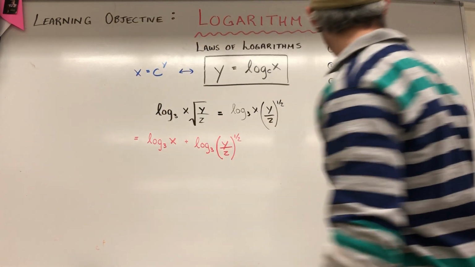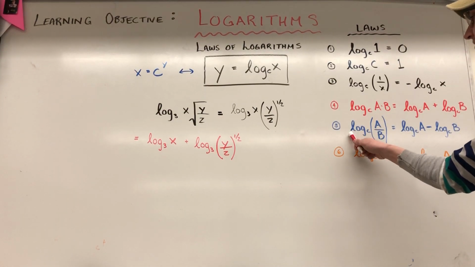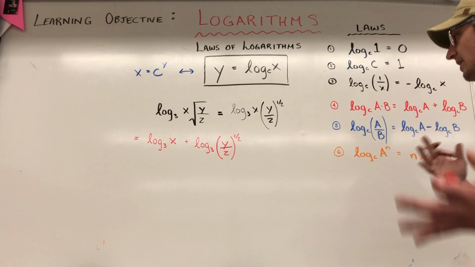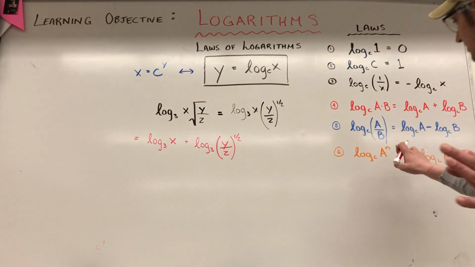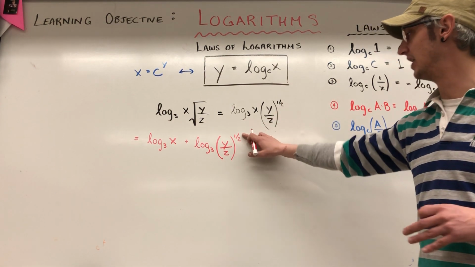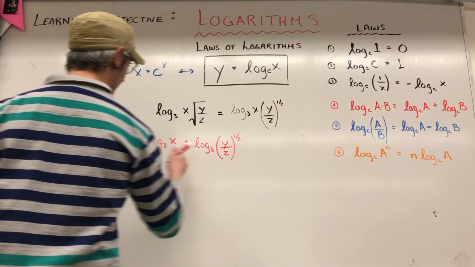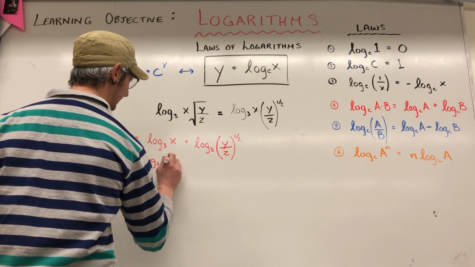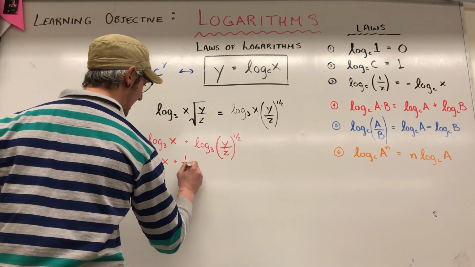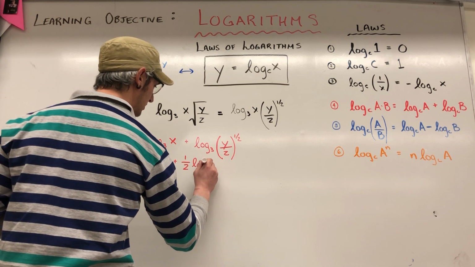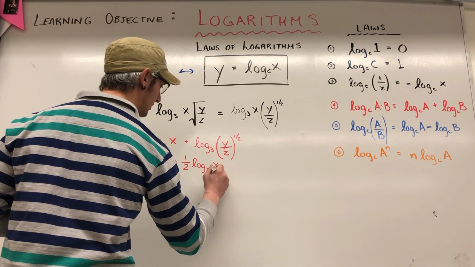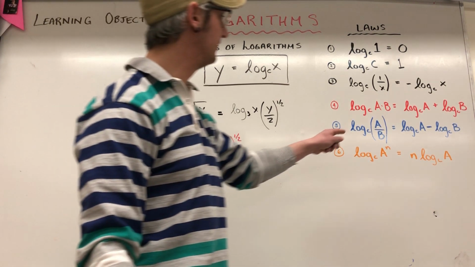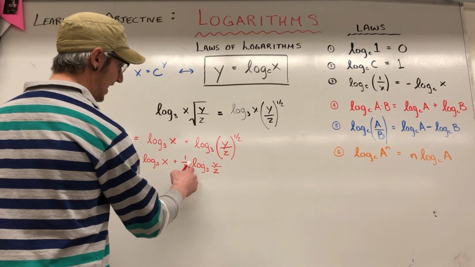Here, I now have a power and a division. I could distribute the 1/2 to each, but I'm going to get rid of that power first. I'm going to work my way out, so that 1/2 is going to come in the front. I rewrite this as log base 3 of x plus 1/2 log base 3 of y over z. Now all I have left is a quotient, and this 1/2 is multiplying by everything.